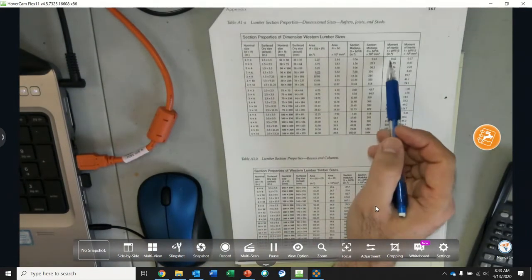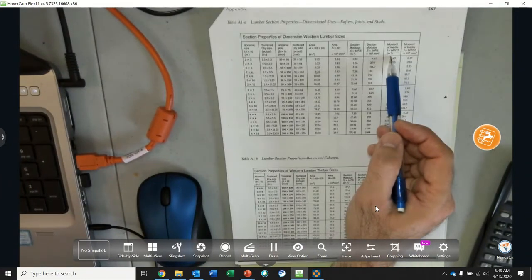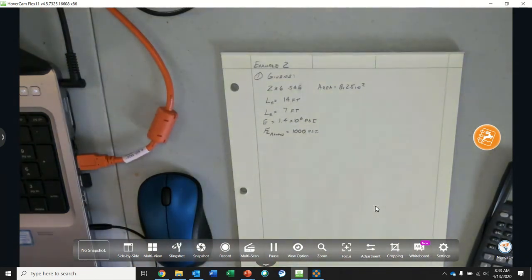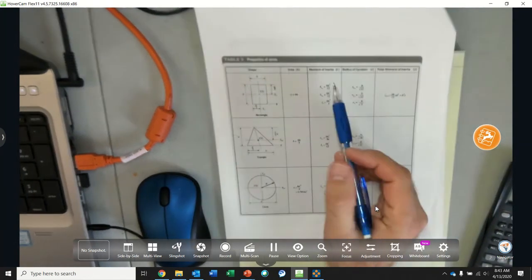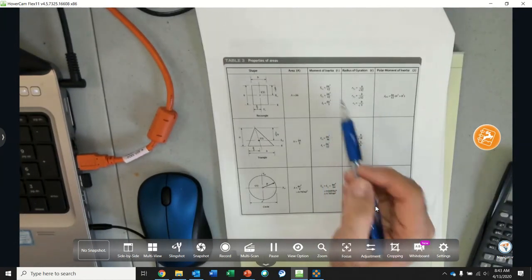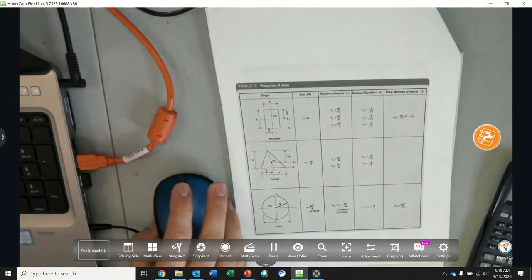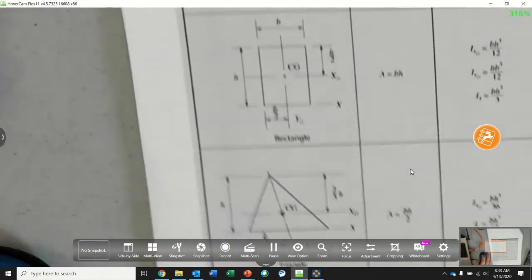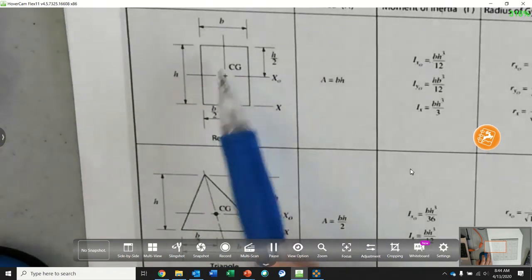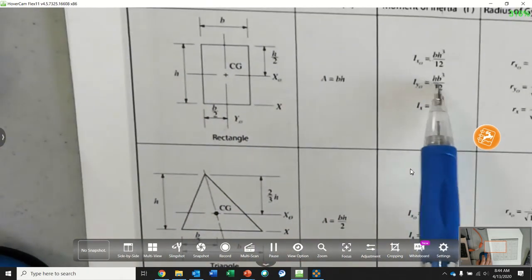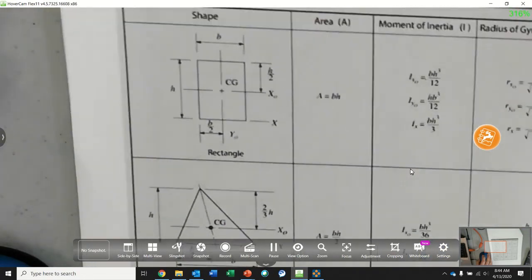Our weak axis is the y direction, so Iy is HB cubed over 12, while Ix equals BH cubed over 12.